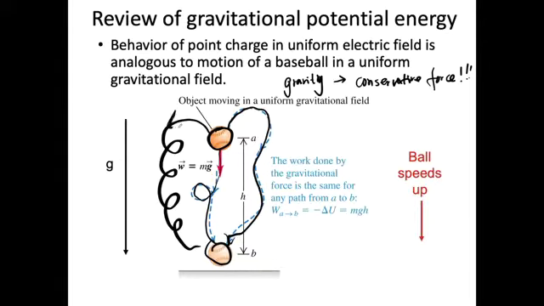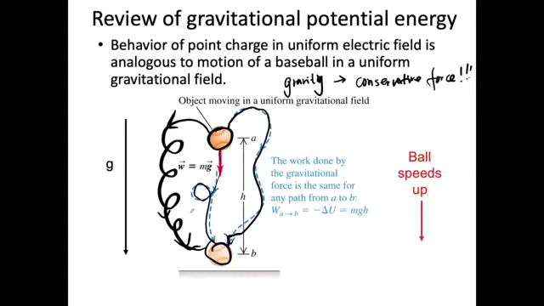So as long as it starts from point A and ends up at point B, the work done by gravity is always mgh, force times displacement times cosine of the angle between displacement and force, if it's a constant force, right?